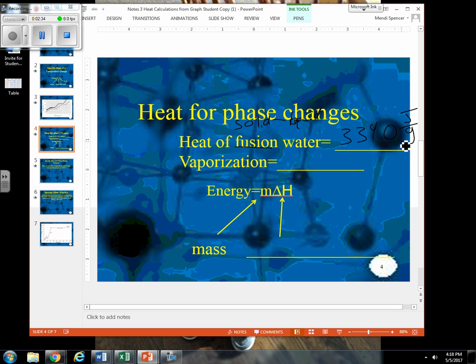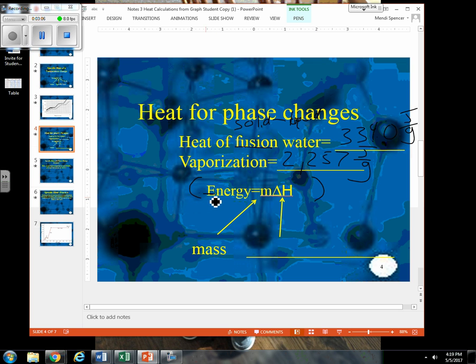And when you are doing a calculation for water and water is being vaporized, going from a liquid to a gas, there will be approximately 2,257 joules of energy for every gram of water used. So when we are doing a specific heat calculation and we are going through a phase change, there is a second formula I need for you to know.